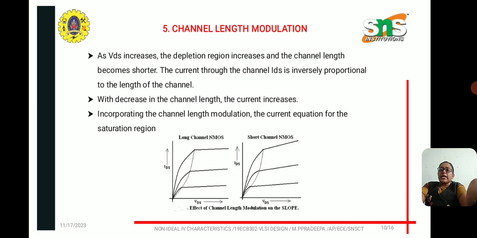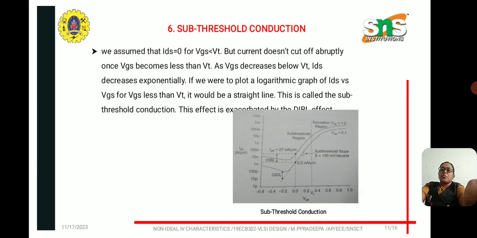The length of the channel between the source and drain will vary depending upon the two main voltages, that is the rise in the gate voltage or the drain voltage. That is called the channel length modulation. The length of the channel gets modulated, meaning changes happen in the channel. So this is the channel length modulation.